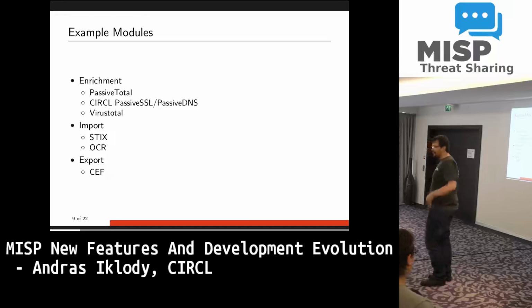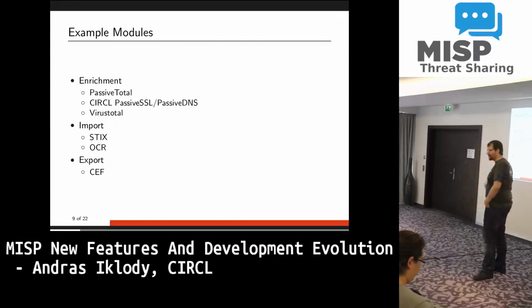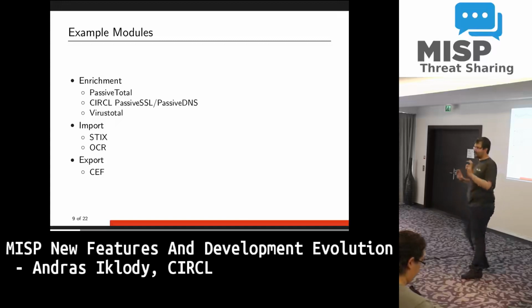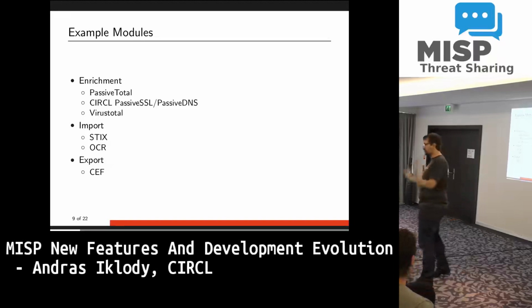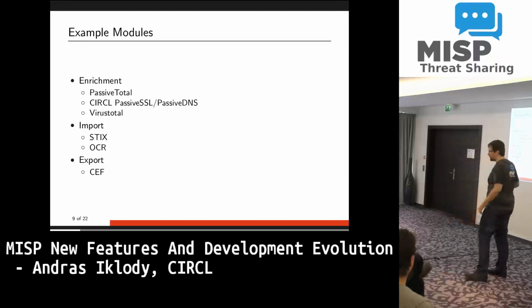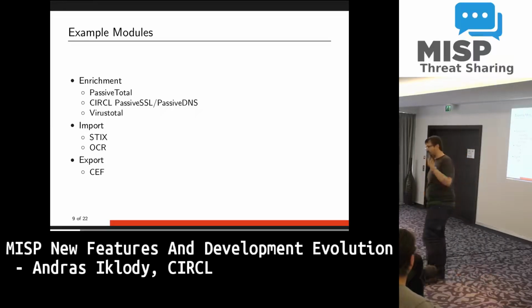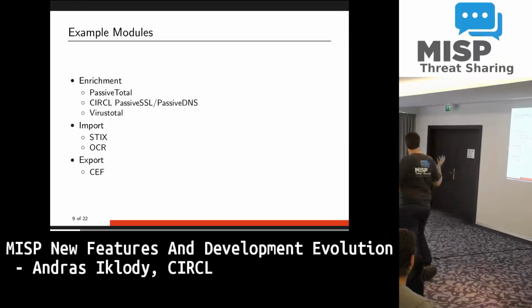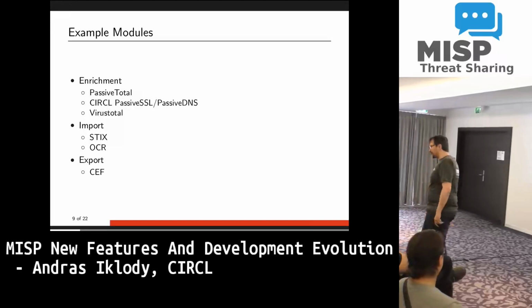If you have some frenemies that still send you reports in images, PDFs, and so on, you can just OCR them, and it will automatically try to parse any indicators from the parsed image and create attributes out of them automatically. And then for export, just as an example, we have a Ceph export. So if you have an event, you can export it in Ceph format through this module. Again, it's I think a few hundred lines of code, or not even that, for the full mapping.